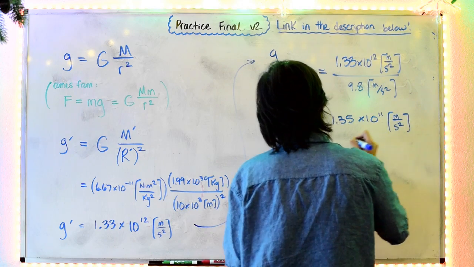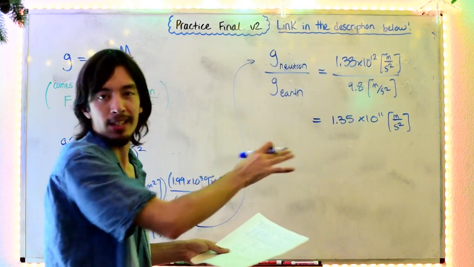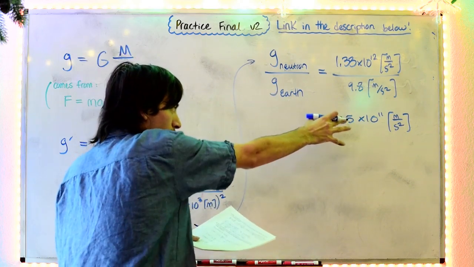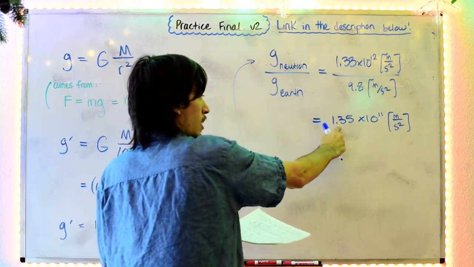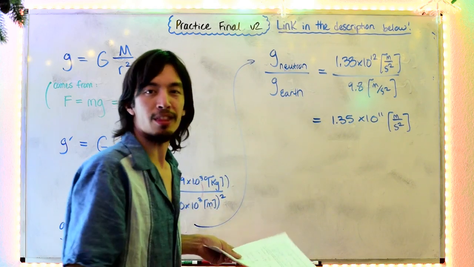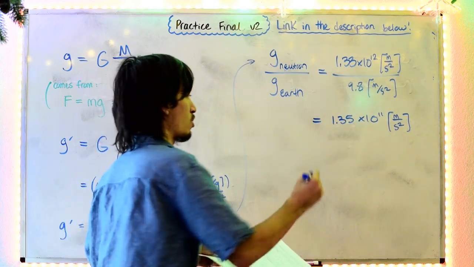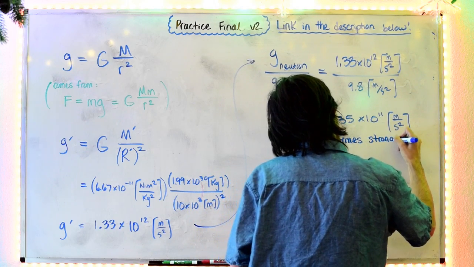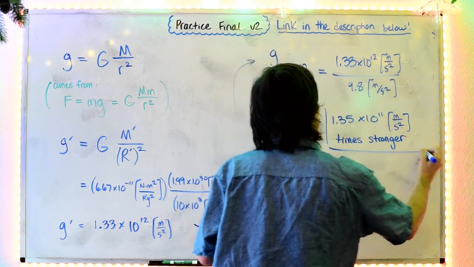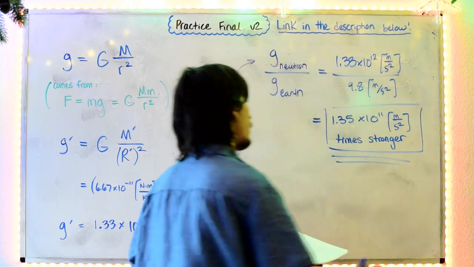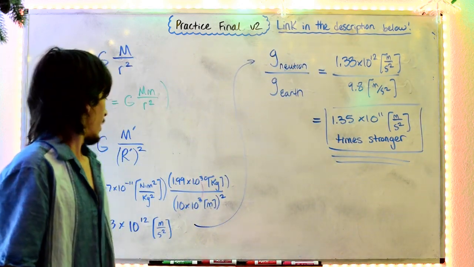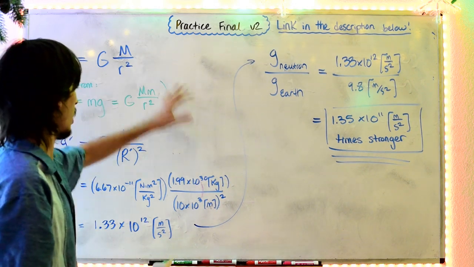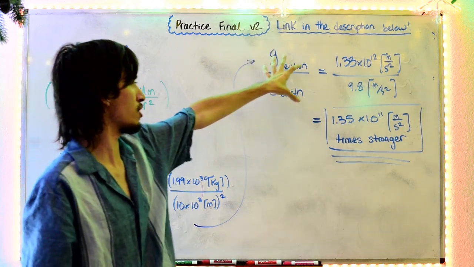That value represents that the acceleration on the surface of that star is that number, which is 135 billion times stronger than Earth. So this was just a plug and chug part of the question, other than just taking another ratio.